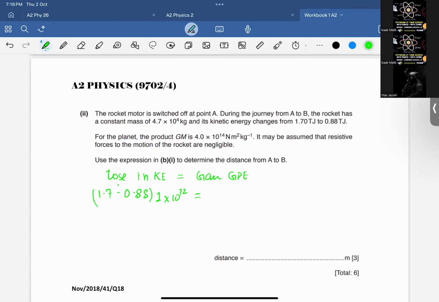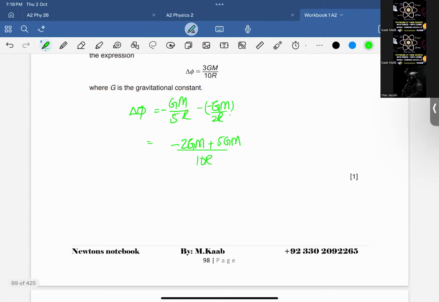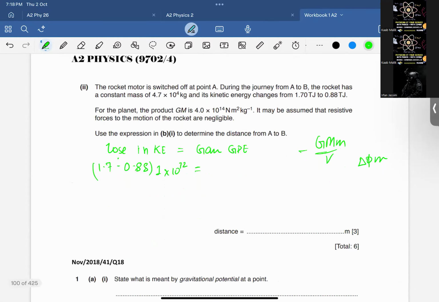Now, the gain in gravitational potential energy can be found using two formulas: either negative GMm over r, or delta phi times m. I'm using the second one as it is more useful. From A to B, we found the change in the gravitational potential.